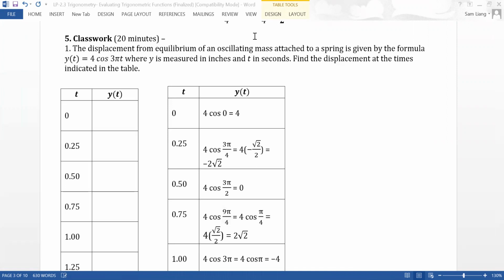Let's see. Pi over 4, remember, that's 45 degrees. So counting 1, 2, 3, 4, 5, 6, 7, 8, 9, that's actually going to be equal to 45 degrees, or co-terminal with that. So 4 cosine pi over 4. Cosine pi over 4 is root 2 over 2. So 4 divided by 2 is 2, and we get 2 root 2 as our final answer.